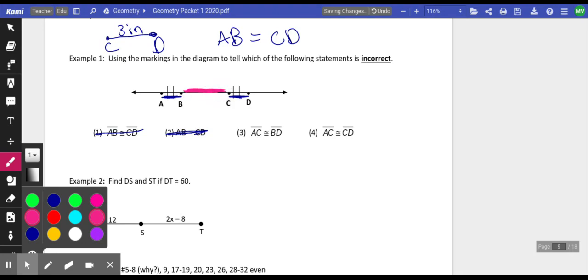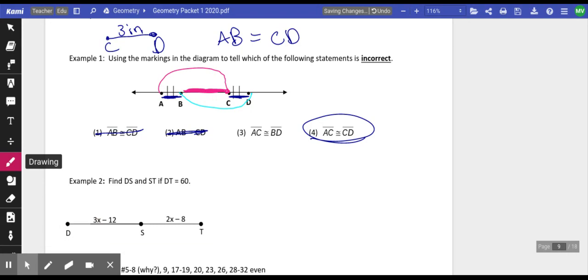So therefore, AC, which I just circled in pink, would be the same as BD, because they both have one of the little parts and then that pink part in the middle. So the one that is not true is answer 4. And that one was really kind of tricky.